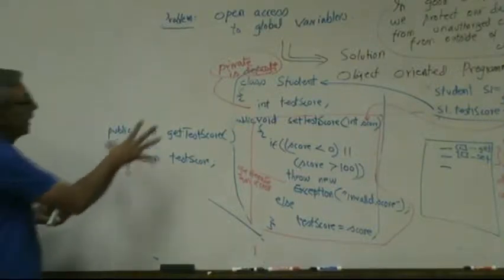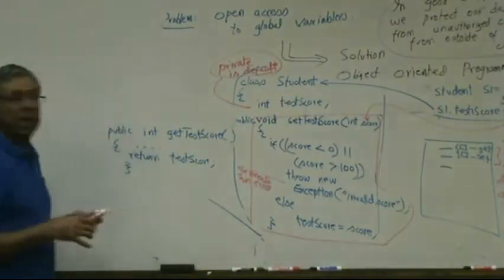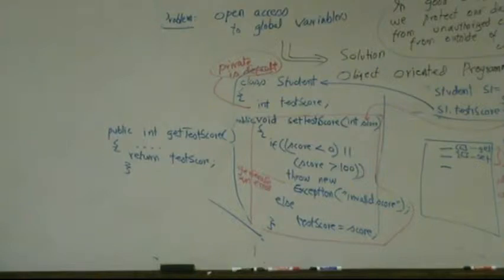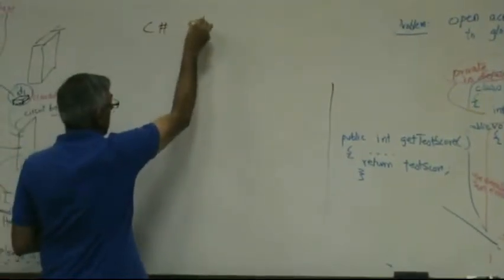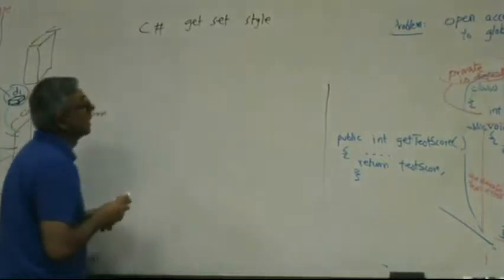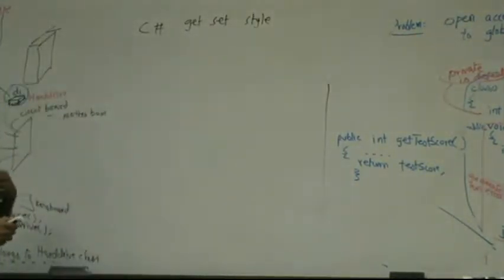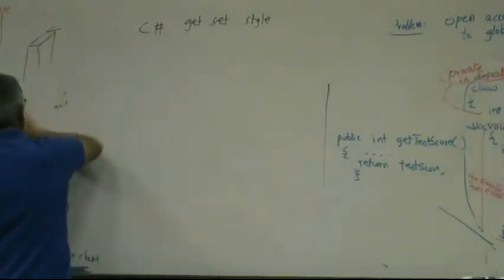So now, even though this style was the same as the Java style, and you can use that in C#, C# has another style for writing the get and set, and let me give you that style. It looks like this.